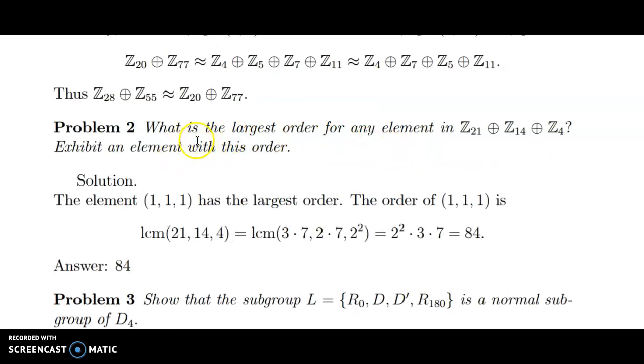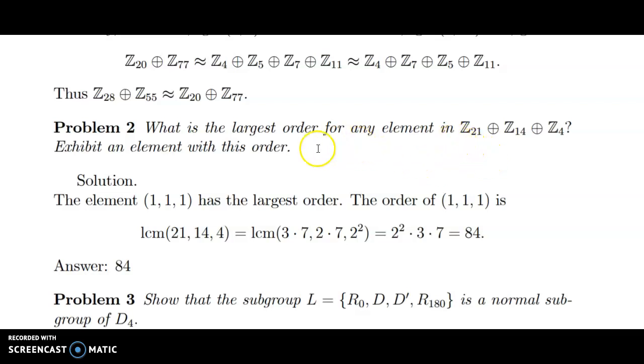Problem 2. What is the largest order of an element in this external direct product? Z21 is cyclic, generated by 1. The order of 1 is 21, and the order of any other element of Z21 will be a divisor of 21.